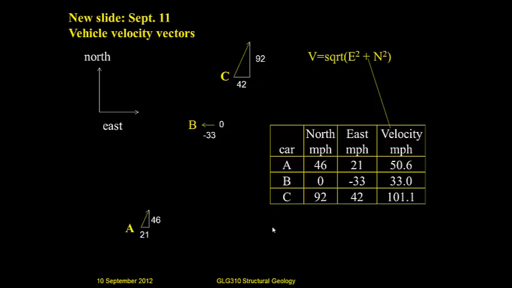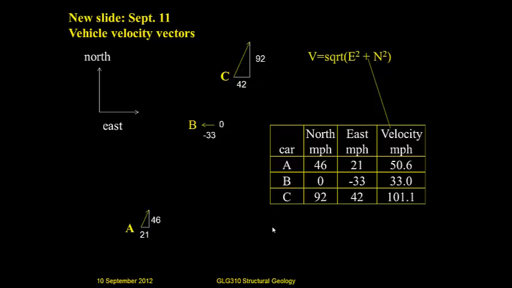It's actually not moving north at all, but it's moving east at minus 33, so that means it's actually heading west 33 miles per hour. Its length, when we do Pythagoras, is still 33, but it doesn't have a negative length, it's a positive length. So it's important to recognize the sign change between the component and the length itself.